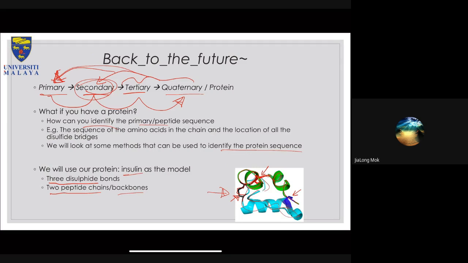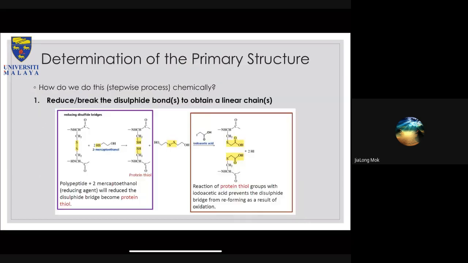Now, say you have an insulin but you don't know that it is an insulin. What processes can you carry out to identify the unknown? This is the general step you can take for any unknown protein.